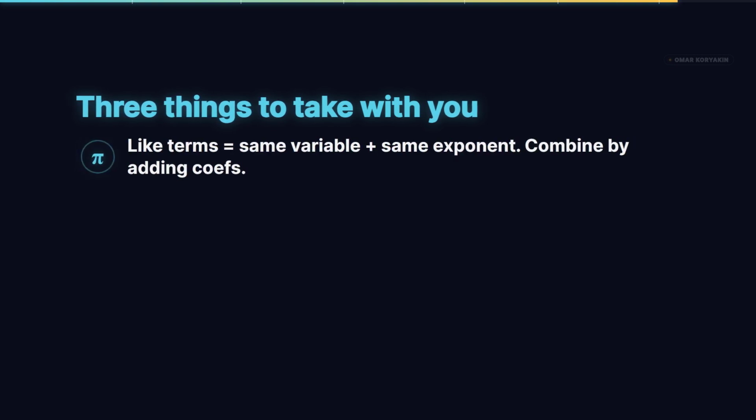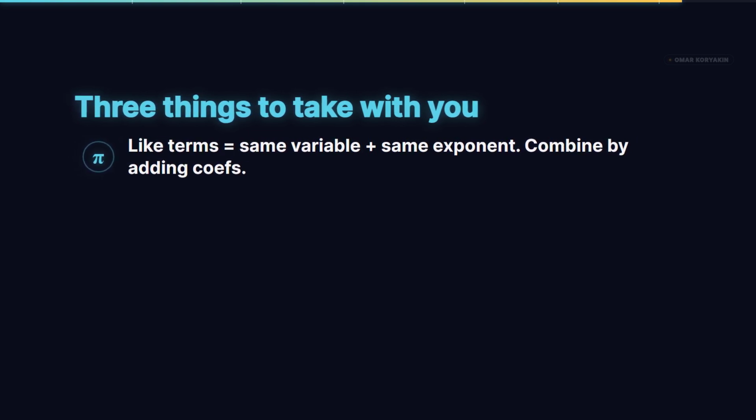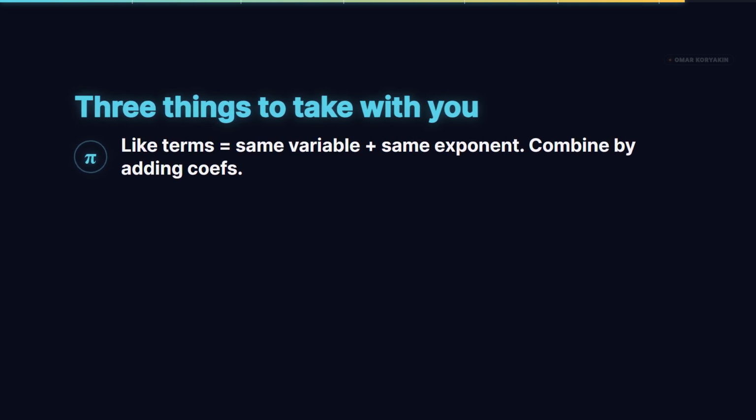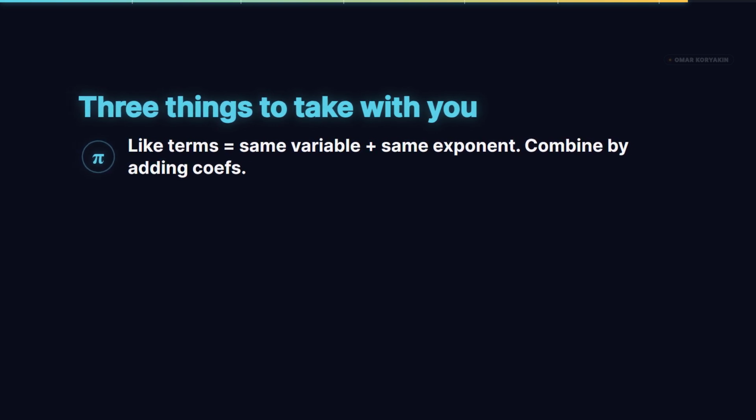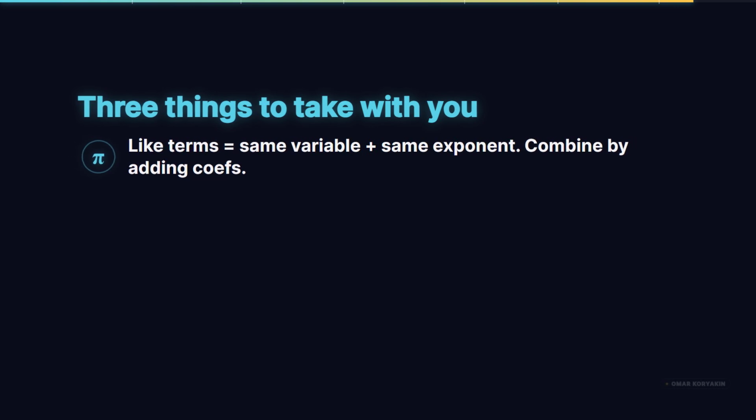First, 2 terms are called like terms when they have the same variable raised to the same exponent. Like terms combine by adding their coefficients while keeping the variable and exponent unchanged. Unlike terms with different variables or different exponents cannot be combined and stay separate. The like terms rule is the entire engine of polynomial addition and subtraction.